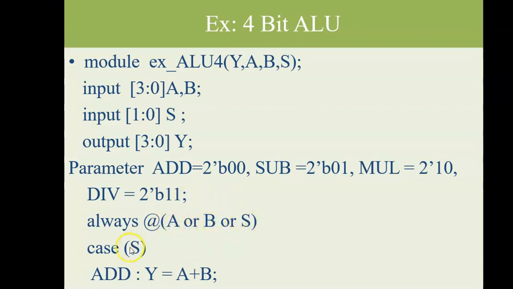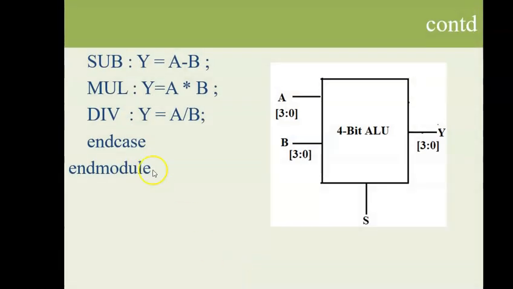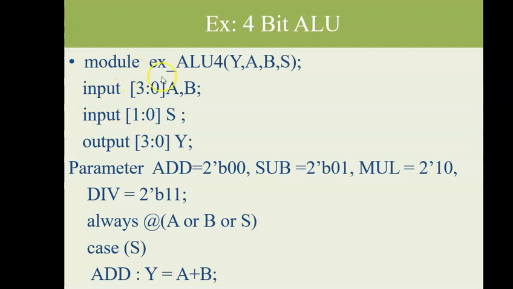So case S, I am choosing the case of S. Add: Y is equal to A plus B. When S is 00, select the first one, perform the addition. Similarly, subtract: Y is equal to A minus B, as already defined in the global parameter.